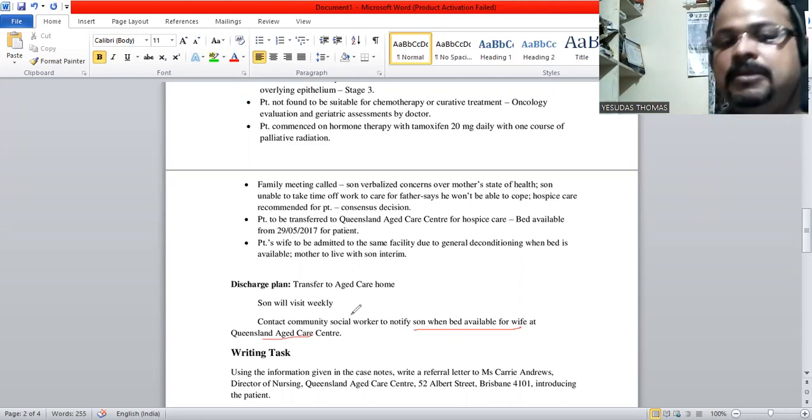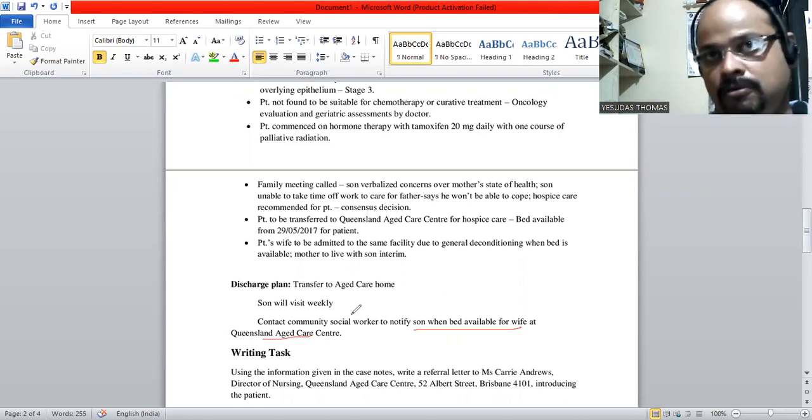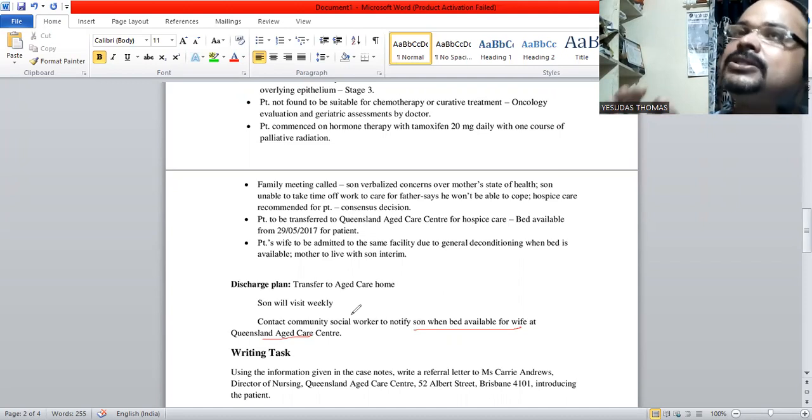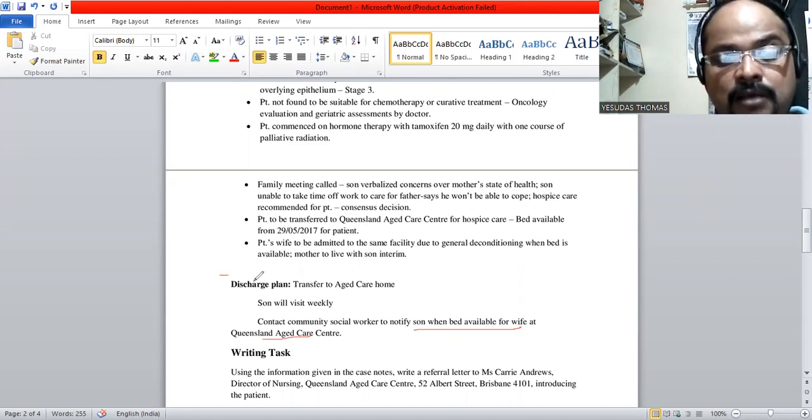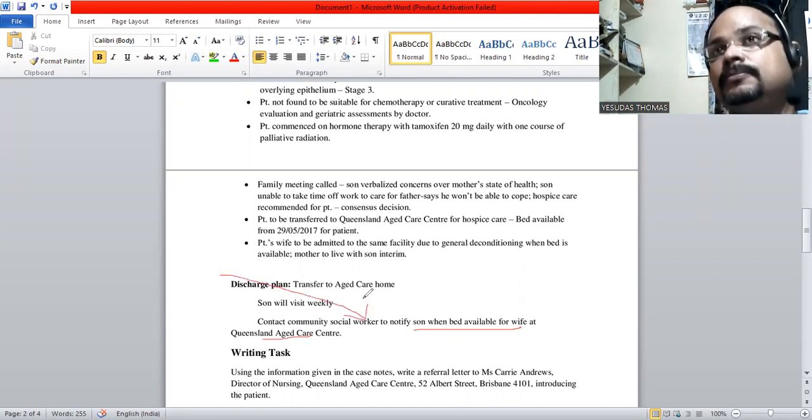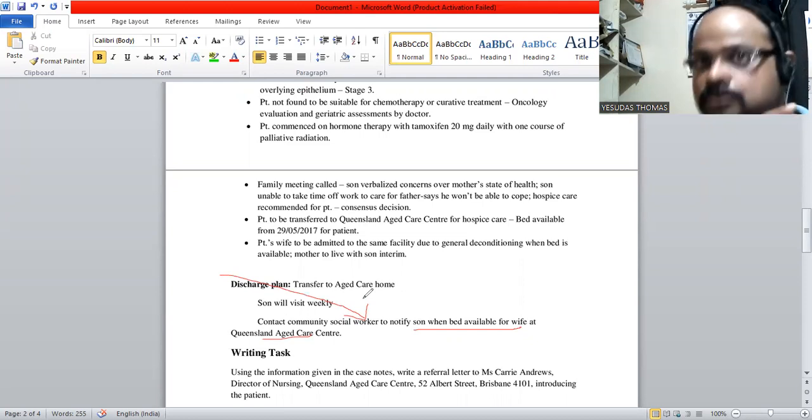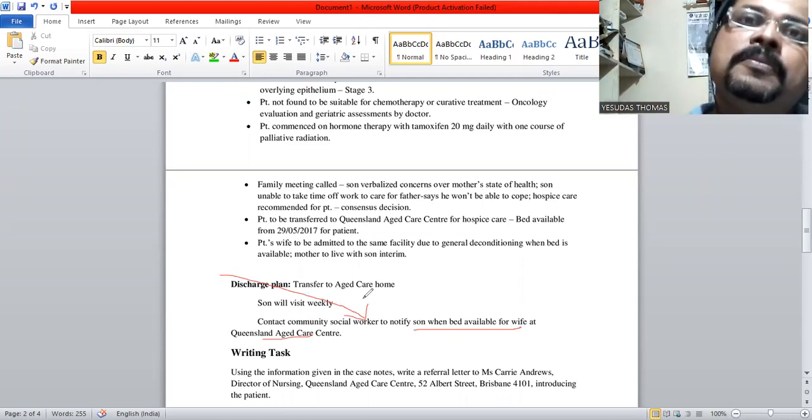The bed is available for Mr. Nutt right now, and therefore he is transferred to the care today. So we have already made arrangements with a community social worker to arrange the bed for Mrs. Nutt, who is going to get transferred to the care soon.